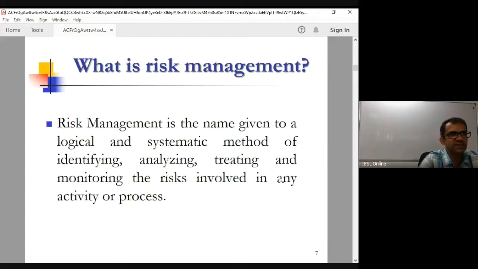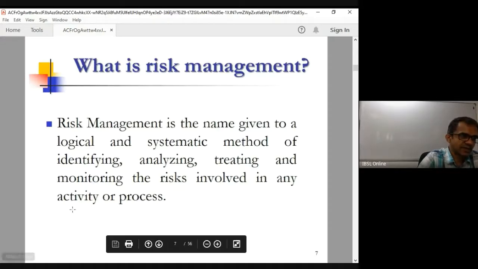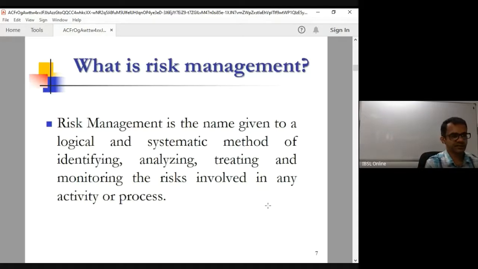Risk management is the name given to a logical and systematic method, a way of doing things: identifying, analyzing, treating, and monitoring the risk involving any activity or process. Any activity or process is very important, because depending on the activity or process that you follow, there may be different risks.